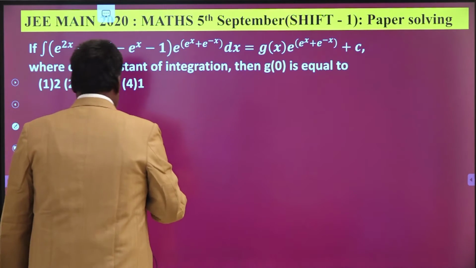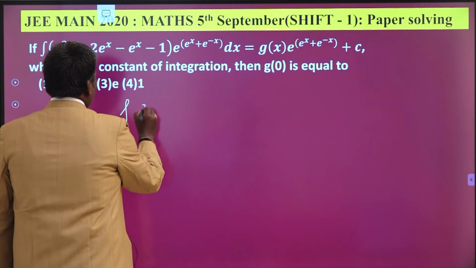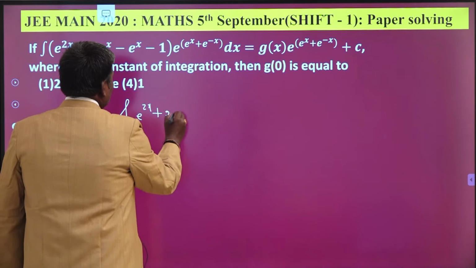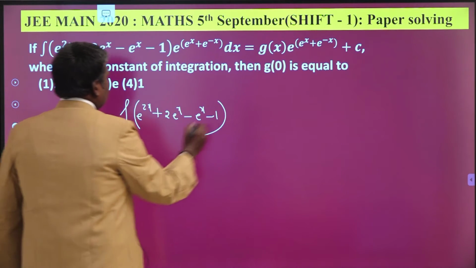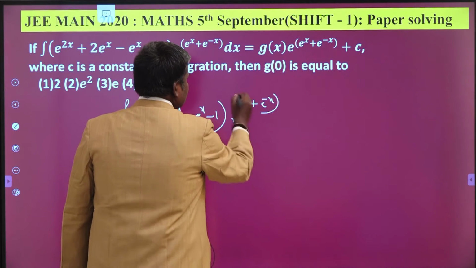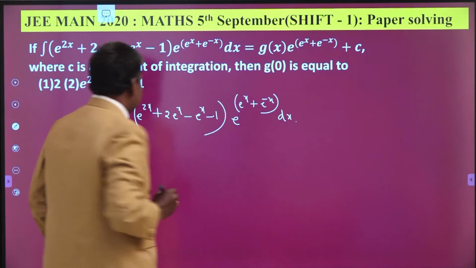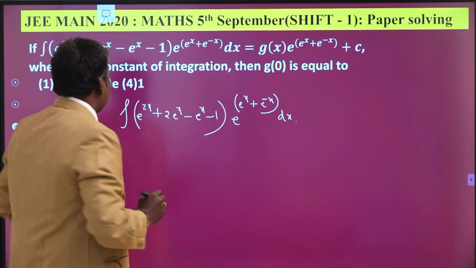I am writing the question itself first of all. Integral e to the power of 2x plus 2 e power x minus e power x minus 1 into e power x plus e power minus x dx. Listen carefully. This is your question. First of all, I am going to take e power x as common.